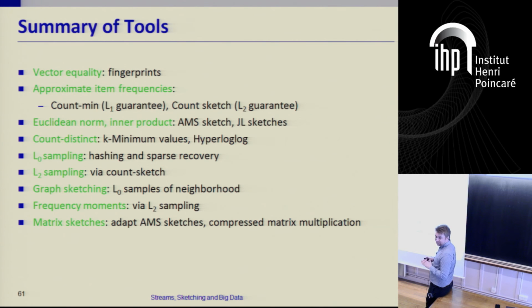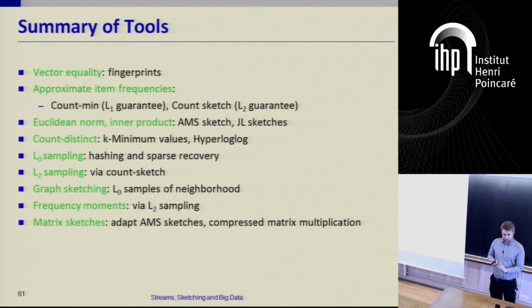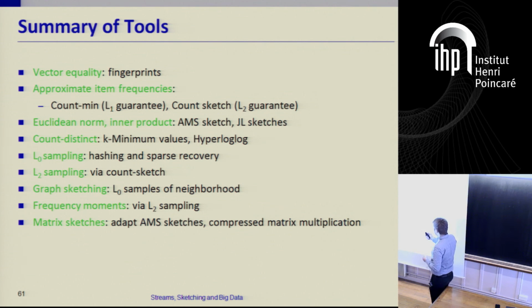And in the 10 seconds where I skipped through slides, we went over L2 sampling, high frequency moments, and linear algebra and matrix sketches. So from this set of techniques, there's a huge set of problems you can tackle, starting with things based fairly directly on properties of vectors, but building from them to properties of graphs, matrices, and other higher-order objects.